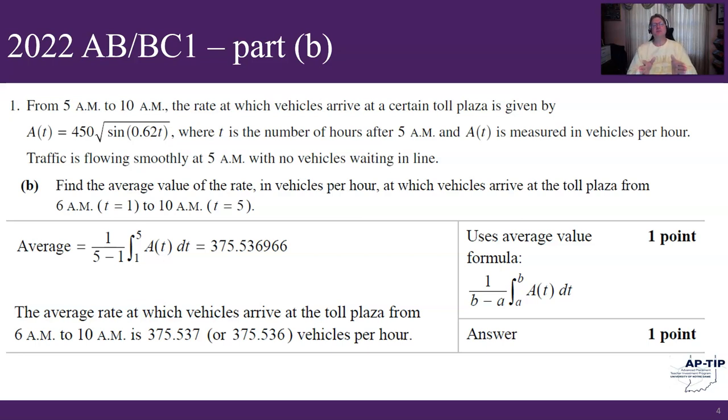Now, this particular problem is going to be worth 2 points because of the fact that there is a setup point that uses the average value formula, and the fact that the student would have to enter that into a calculator. It's complicated enough that we would have to use the calculator to come up with this decimal approximation answer.